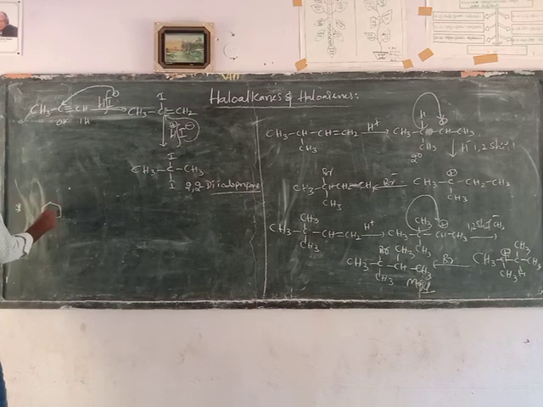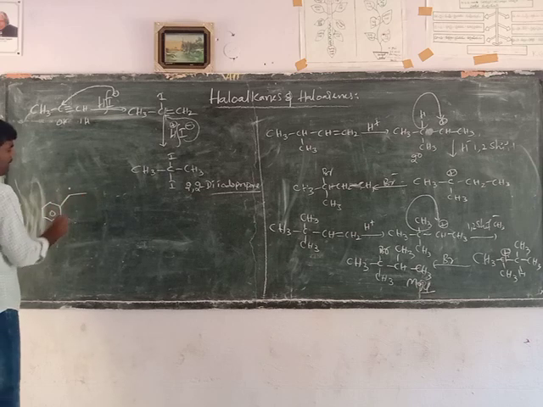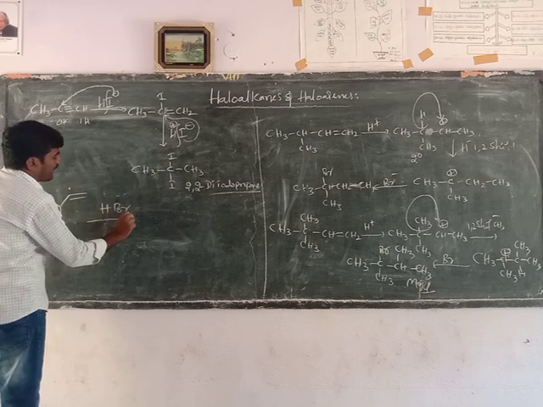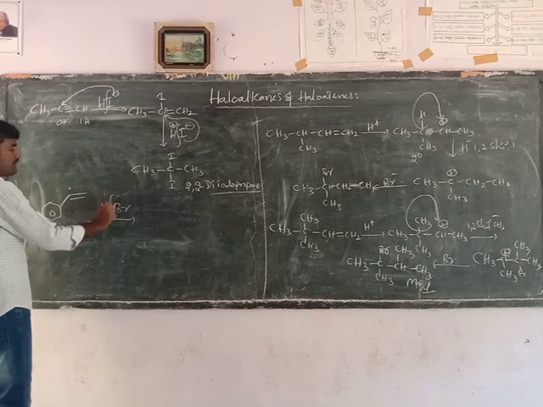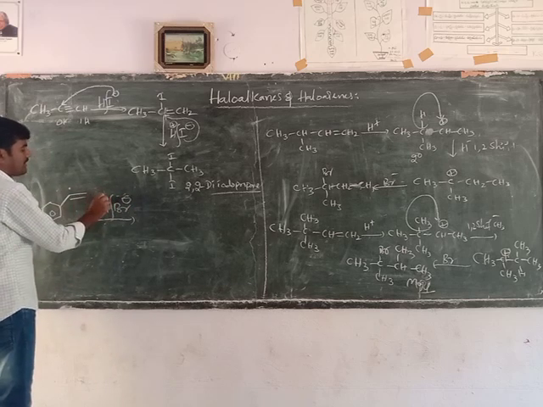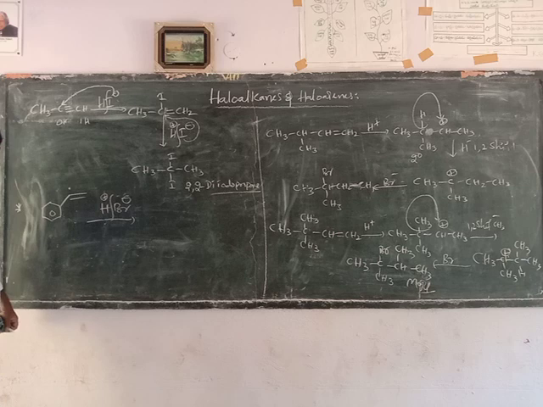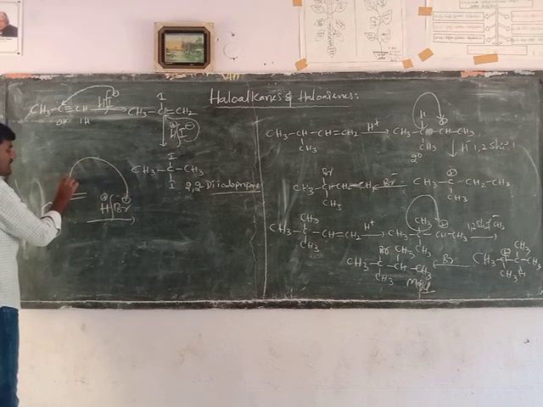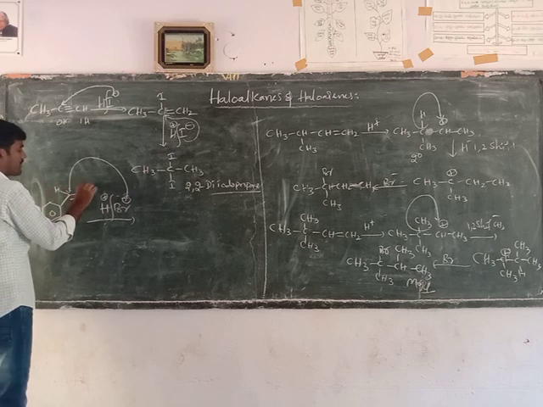Let's take one more example. React it with HBr, hydrogen bromide. The negative part of the attacking reagent is Br minus, and the positive part is H plus. Now the negative part attacks the multiple bond carbon with fewer hydrogen atoms. Only one hydrogen atom is there, while at the terminal carbon two hydrogen atoms are there.